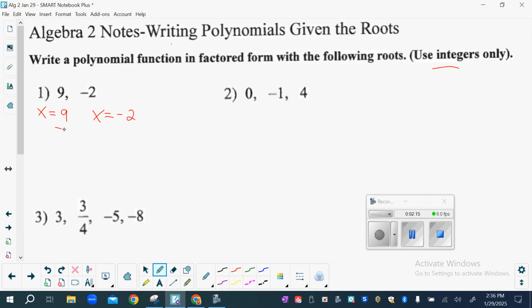You need to subtract it. So my factor on this one is x minus 9. And then this one we would add 2, and x plus 2 equals 0. So my factored form, just because it says it's a function, we're going to write an f of x, would be x minus 9 times x plus 2.